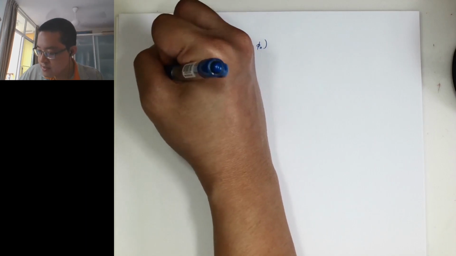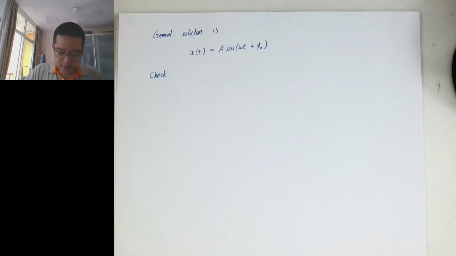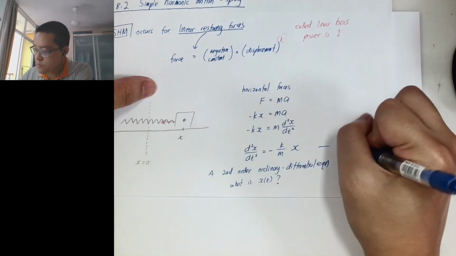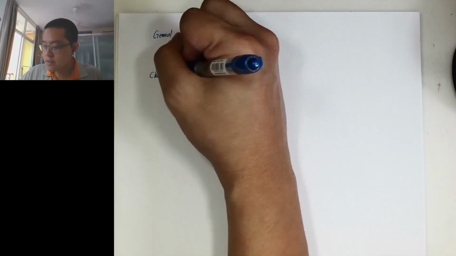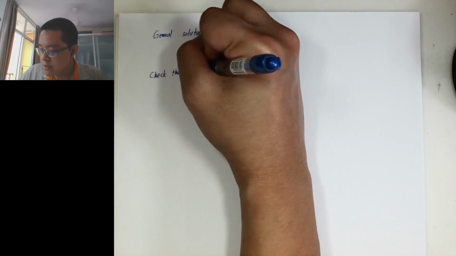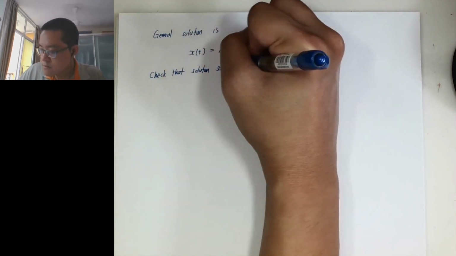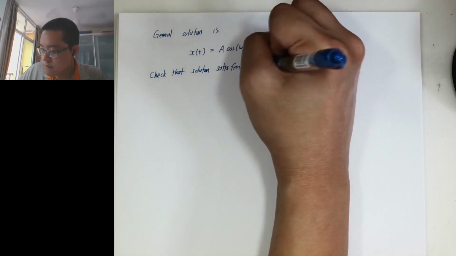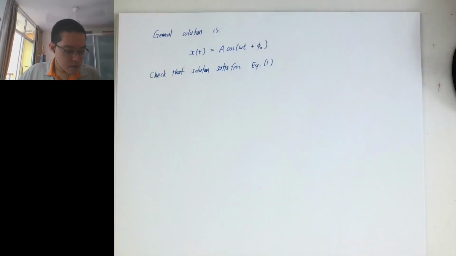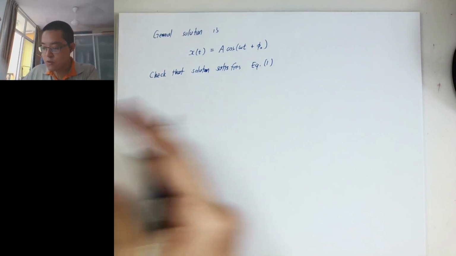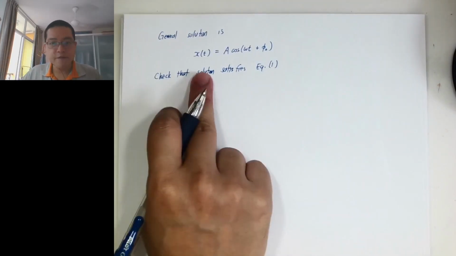Let's check that this is a solution. I will call this equation 1. Does this function satisfy equation 1? So check that the solution satisfies equation 1. To check, I need the second derivative, so I need to differentiate this 2 times.